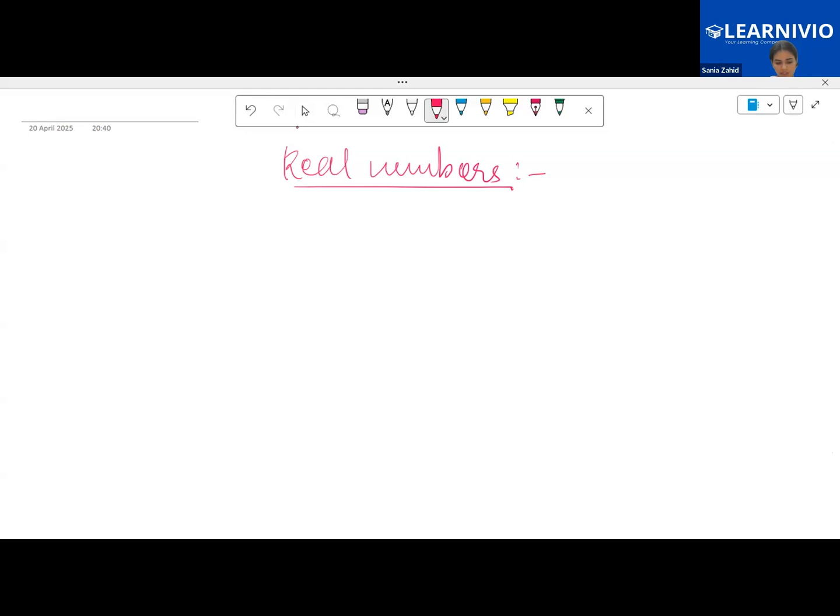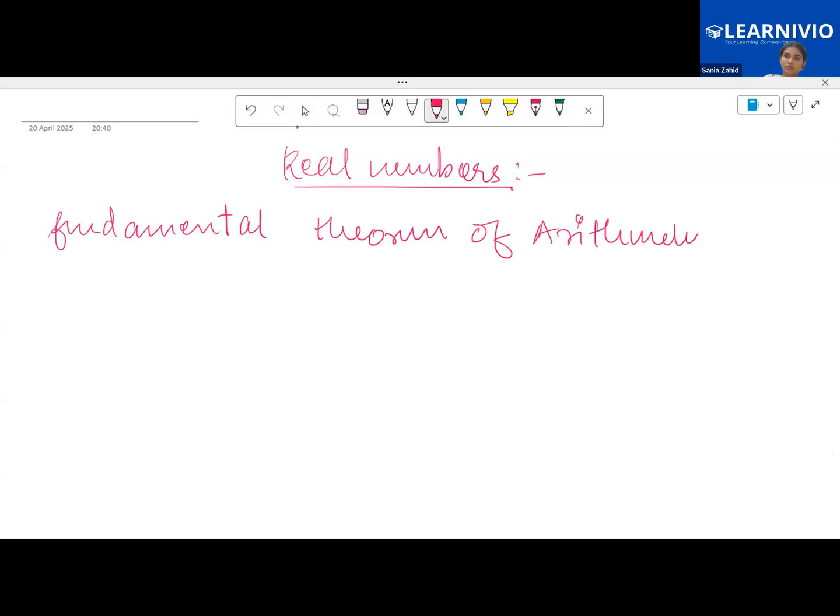Okay, so the first topic in real numbers that we study is the fundamental theorem of arithmetic. So what does the fundamental theorem of arithmetic state? Do you know this? Tell me what is the fundamental theorem of arithmetic?